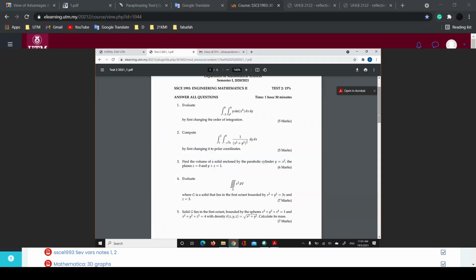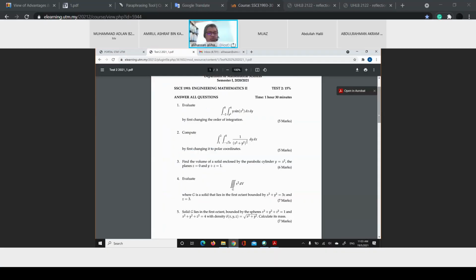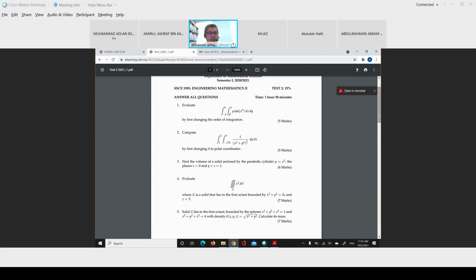If you look at the other 2 samples, they are all of the same format, all questions concerning double integrals, triple integrals, and applications such as volume, mass, or maybe centroid or center of gravity.